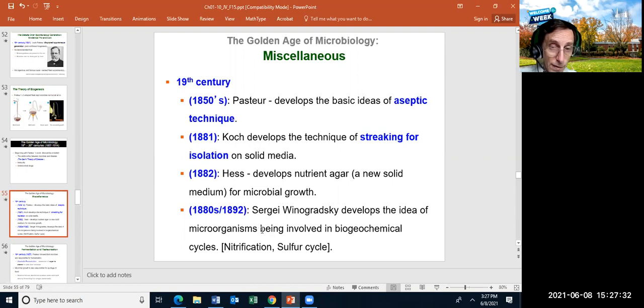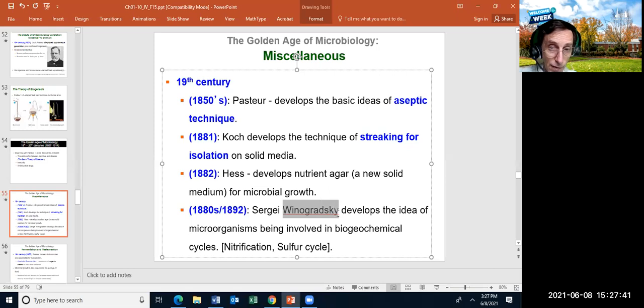And like I said, to get his biogeochemical cycles, Winogradsky had to study a mixture of many different types of microbes. And he was different from the other early microbiologists like Koch and Pasteur. They were working with one species, a pure culture, and then studying that pure culture. Any question about any of that?